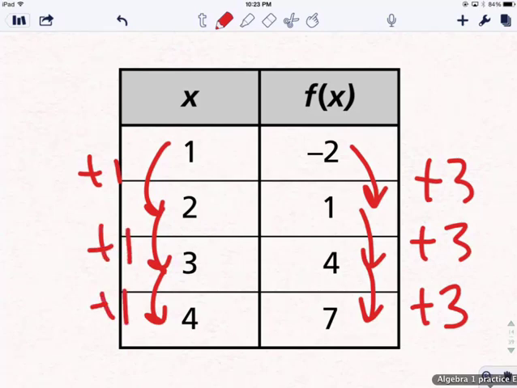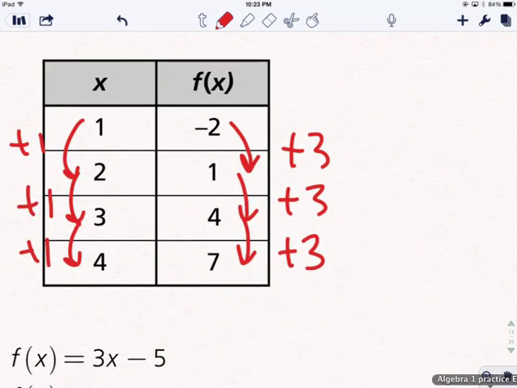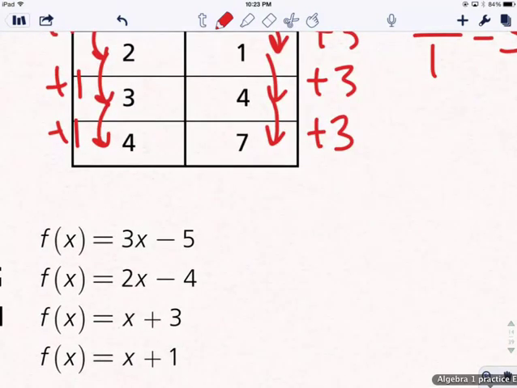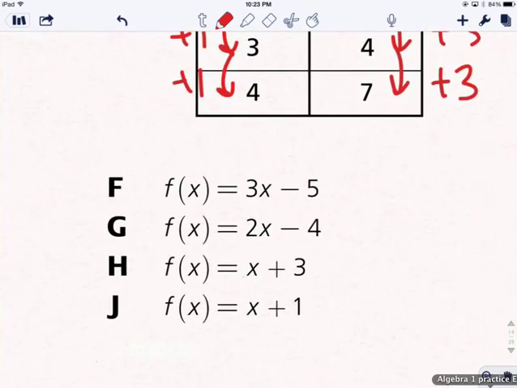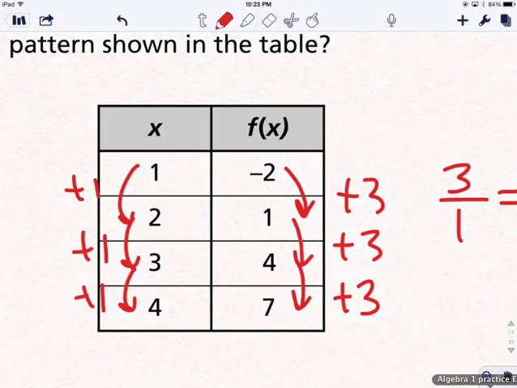So that means that the rate of change, the slope of this linear function, is going to be 3 divided by 1, which is positive 3. That's actually enough to determine what the function is. Do you see which one it's going to be? Okay, so let's finish this out.